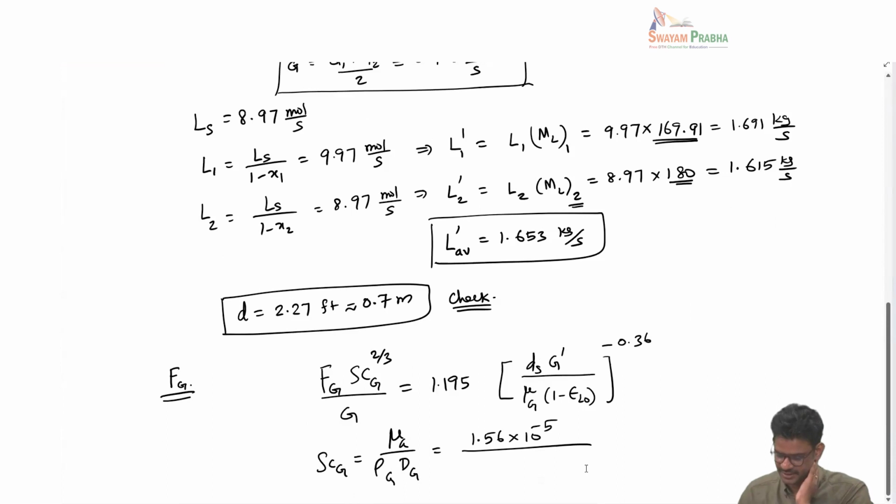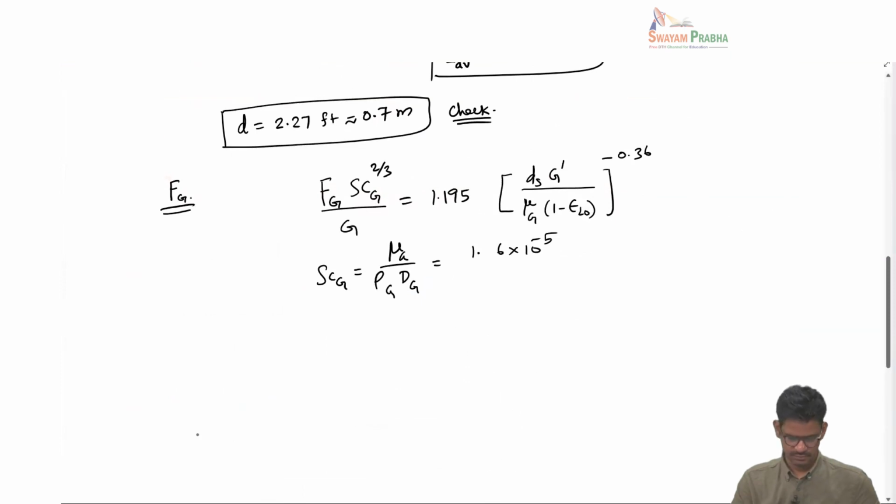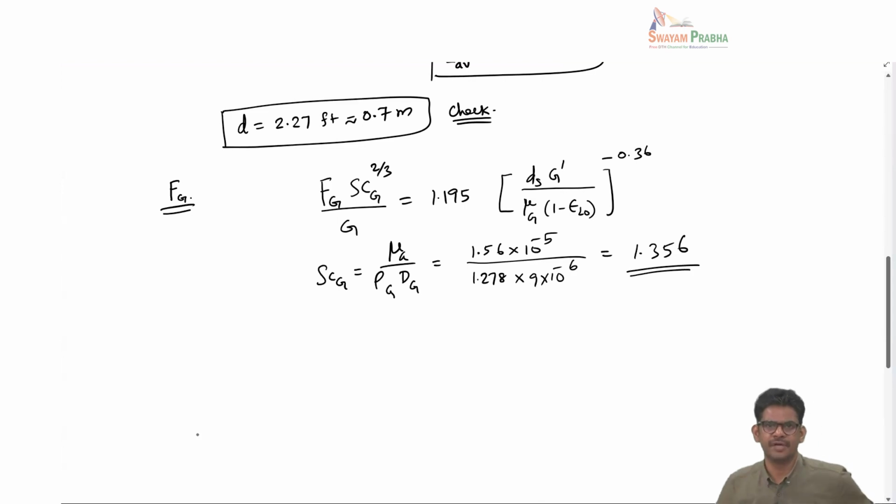This is the correct expression. So the gas phase Schmidt number will be about 1.356.